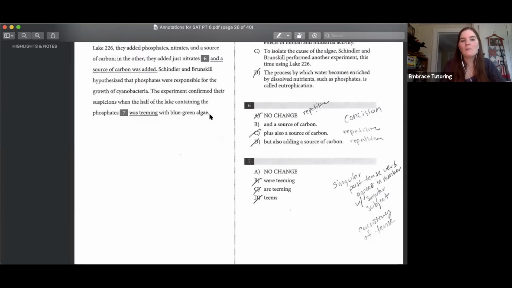Okay, so here we're dealing with half of the lake, basically. So half is our subject: half was teeming, as opposed to half were teeming, half are teeming, half teams.